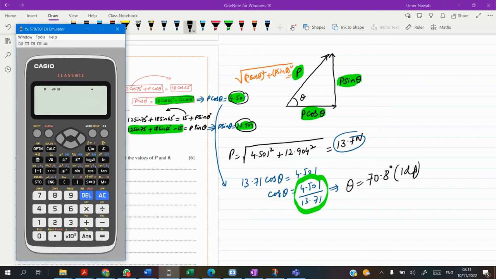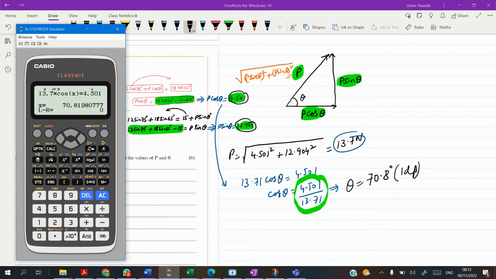Look, what was the P I was having? 13.7 times cosine of x, close the bracket, alpha equal 4.501. Okay, shift solve. Look at that. This answer is 89.1 something. I need to give an acute angle guess. Suppose I give 20 degrees.